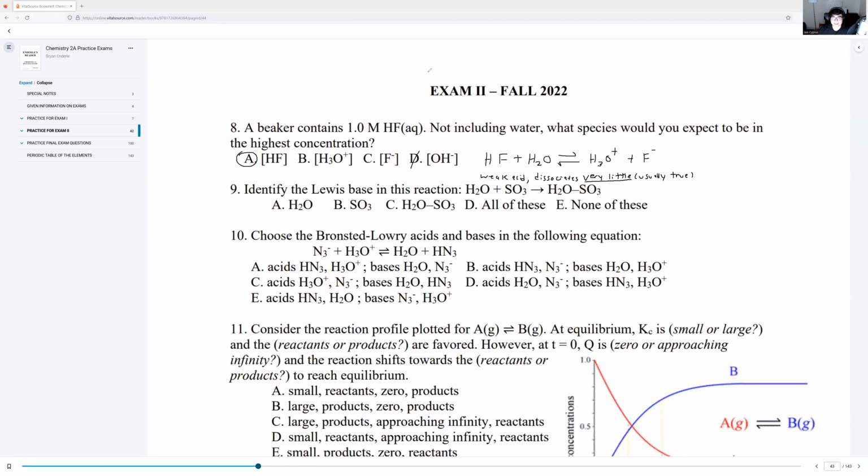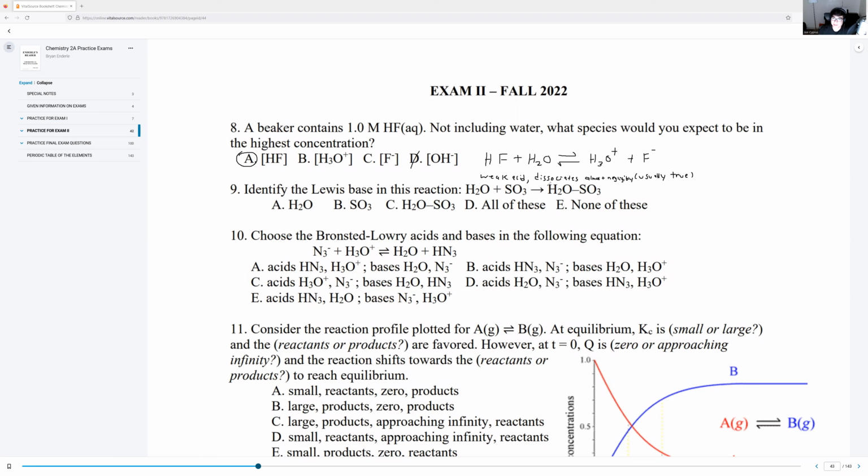And I should say almost negligibly. Maybe that is a better way to say it. So that's usually true. And so it's going to be A, where most of this does not dissociate. Most of it will not. And so it's going to be HF.